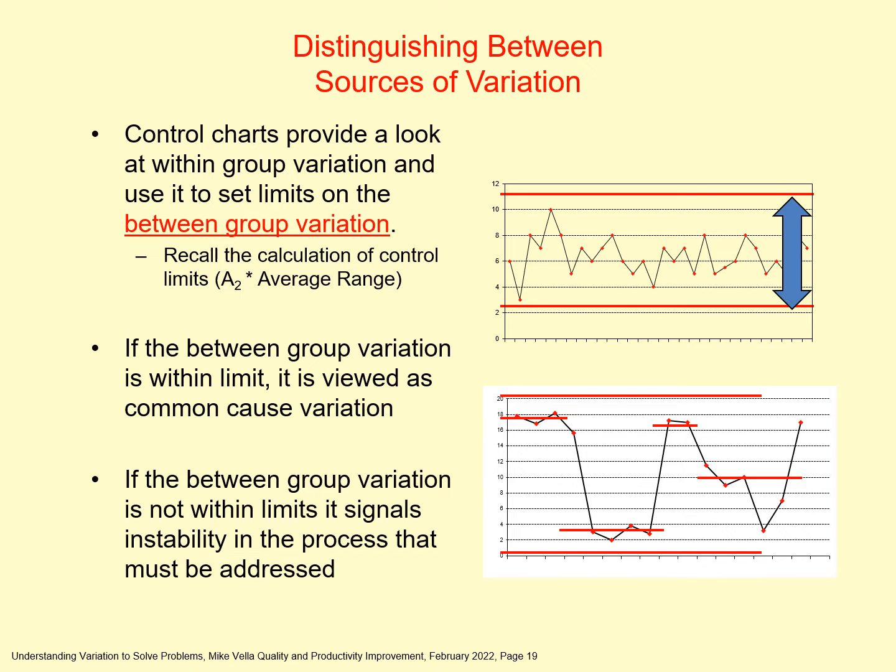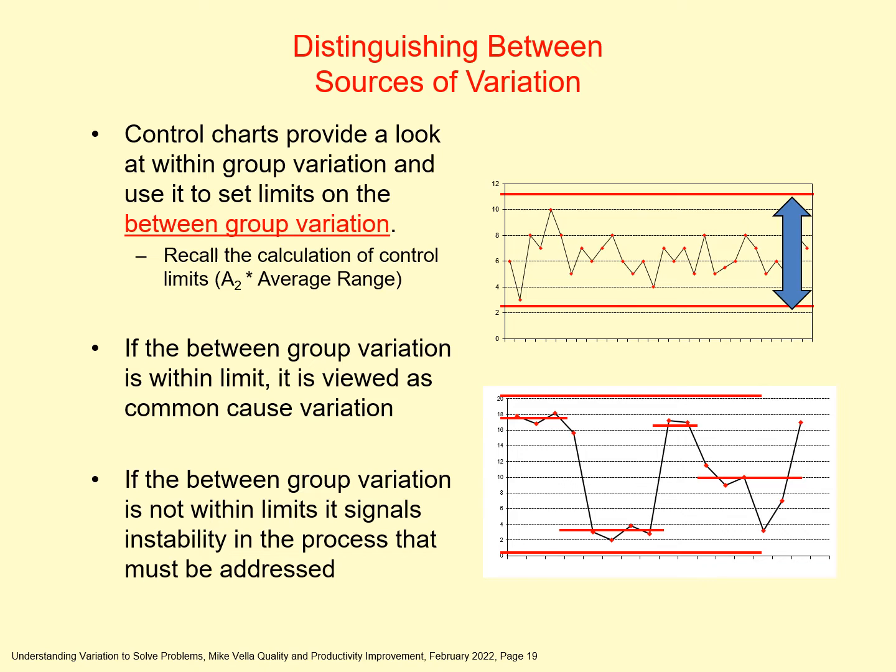The A2, if you recall, came from a table, but the average range was a calculation of the range within each subgroup, which is within-group variation, and then we average those ranges to come up with an average range. So it was X double bar plus A2 R bar that became the upper control limit, and X double bar minus A2 R bar that became the lower control limit.